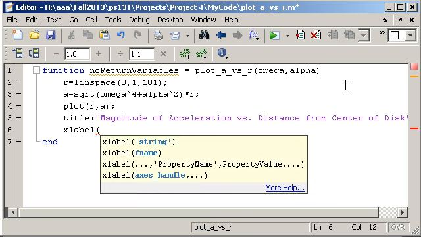Obviously, titles should vary a little bit, so there's a little bit of freedom in there, but you want to make sure you get the whole idea. I call it distance from center of disk.